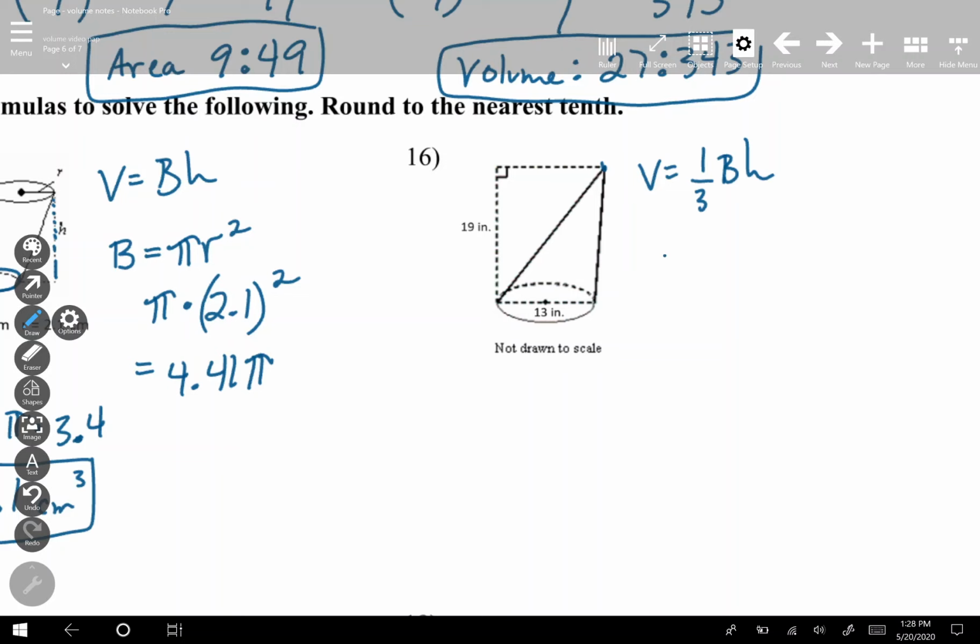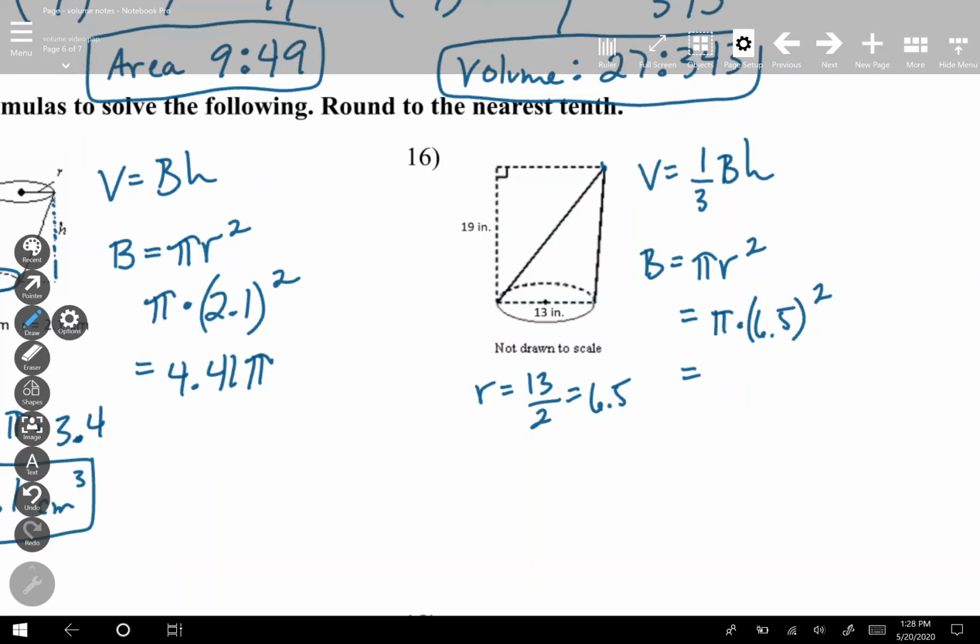So again, it's a cone, so my area of the base is pi r squared. In this case, my radius, I have to do 13 divided by 2 because 13 is the diameter. So 13 divided by 2, you get 6.5. So you have pi times 6.5 squared.